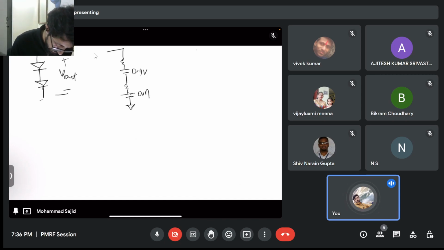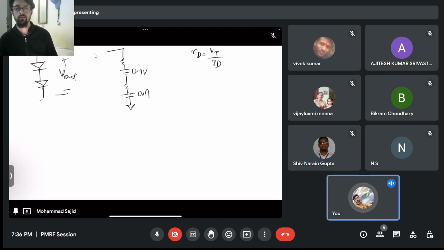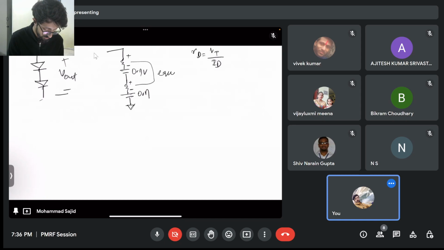I will write the formula here. Direct answer, direct value. Can anybody give me the direct value? What will be the value of potential from this to this? These are equal. Can anybody answer me directly? I just wrote the formula as well.